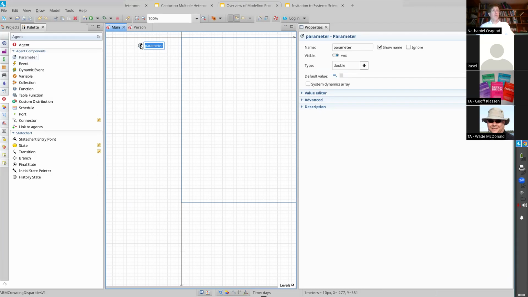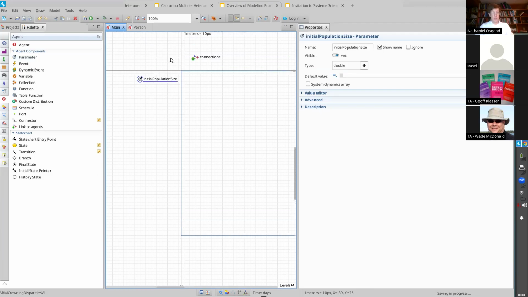So we'll have a parameter in main called total population. I'm going to call it initial population size. I didn't call it initial before, and I'm feeling guilty because of it, because it's called population size in that other model, and it could confuse someone.